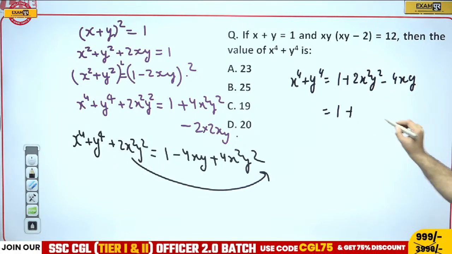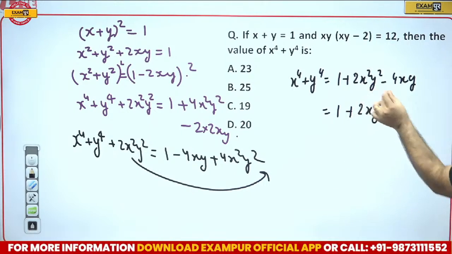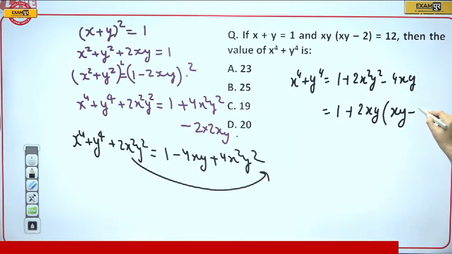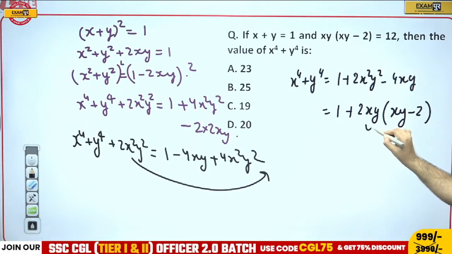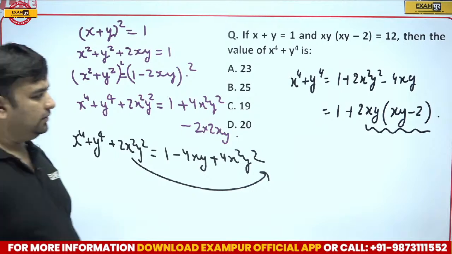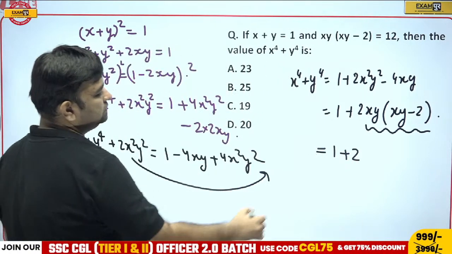Take 2xy common. So xy will remain here and 2 will remain here. Now you might have got why this value was given. It's 12.